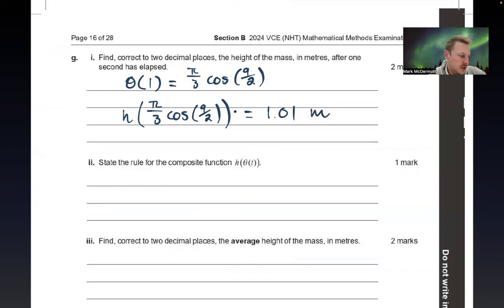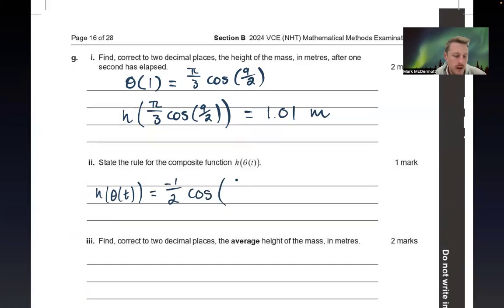State the rule for the composite function, h of theta of t. Okay. I feel like I'm falling into lots of traps in this exam, but what can you do? You just do your best. So negative a half cosine. So what we're doing is I'm taking the h function, and wherever there's an x, I'm going to put theta of t, essentially.